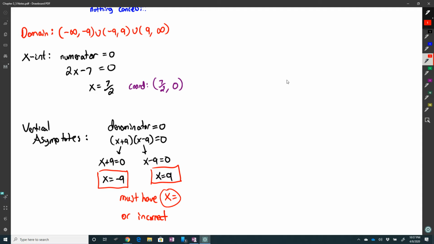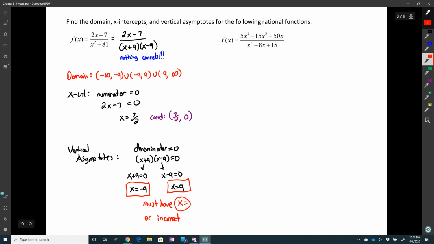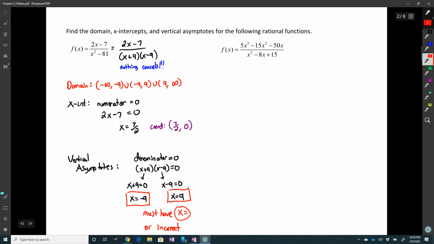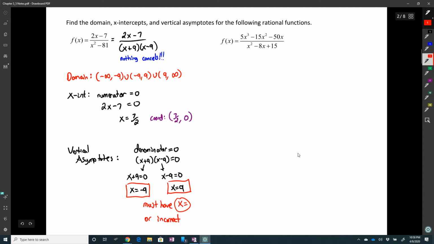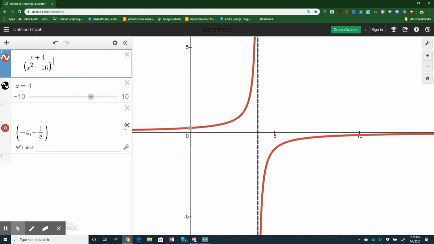But if it's just a blank with no x equals, and they want the vertical asymptote, you have to put the x equals. You'll be wrong, and then you'll email me saying, why is it wrong? Because the vertical asymptote is an equation, it's not a number. Anyway, is that all they asked of us? Domain, x-intercept, vertical asymptotes. So let's go to Desmos, and let's graph it, and show that everything we did is correct.